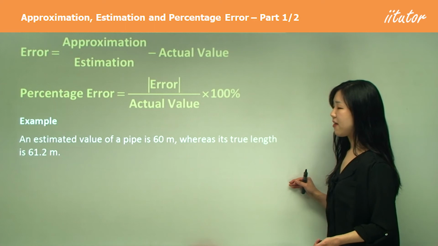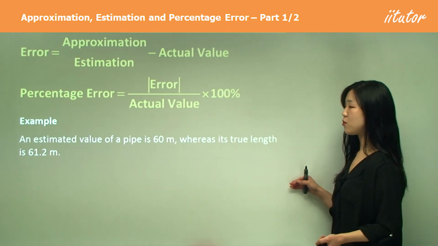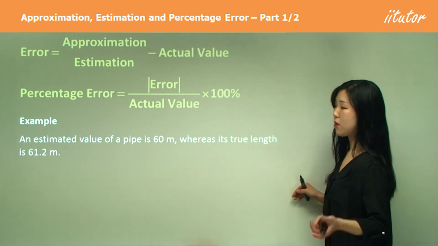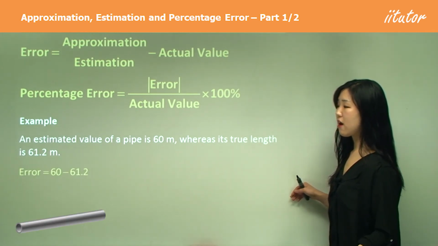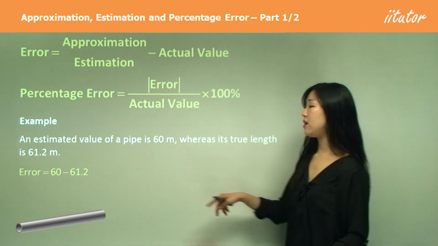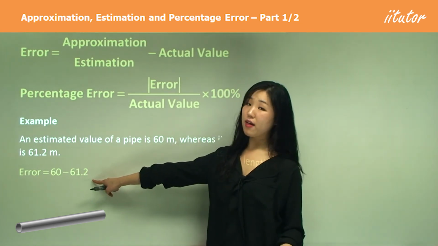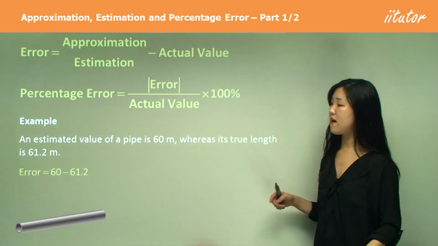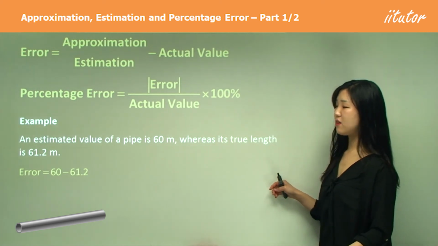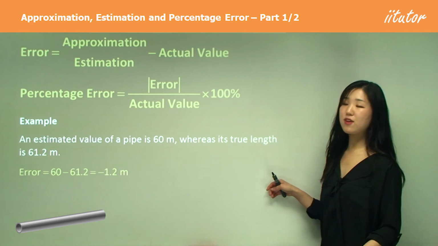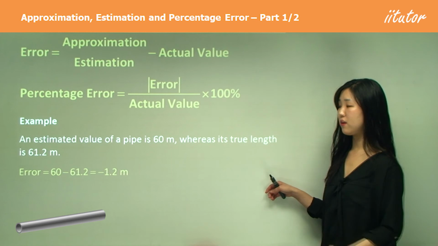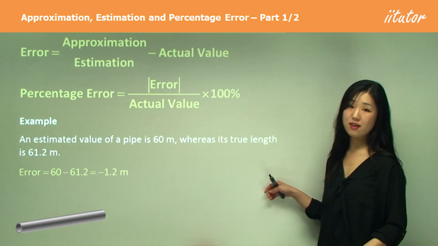An estimated value of a pipe is 60 meters, whereas its true or actual length is 61.2. To get the error, I simply subtract the actual value, the true value, from the estimated value. The estimated value is 60 and the original value is 61.2. Subtract it and you'll get negative 1.2. It's going to be a negative number because the actual one is bigger than the estimated one.